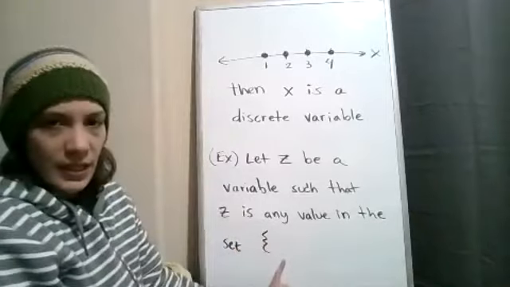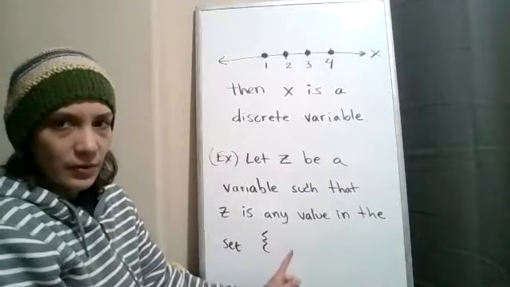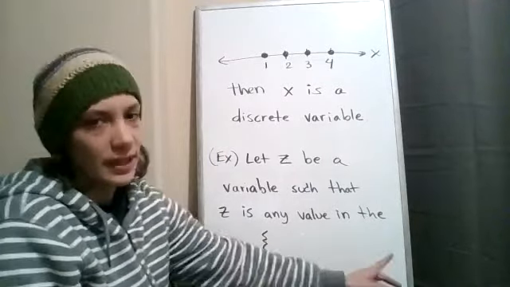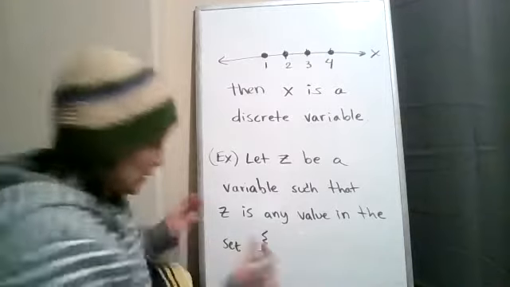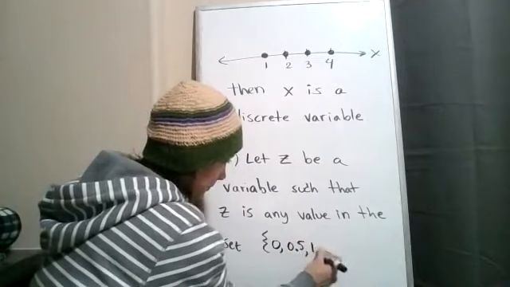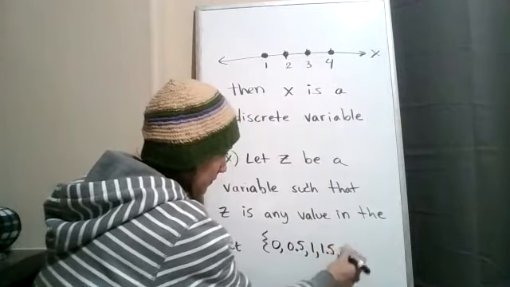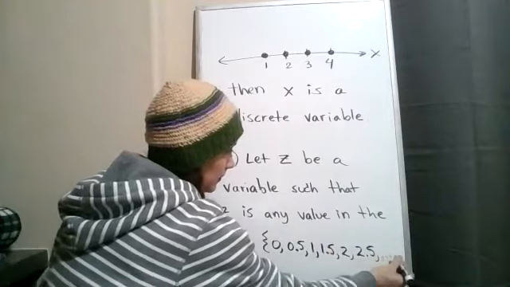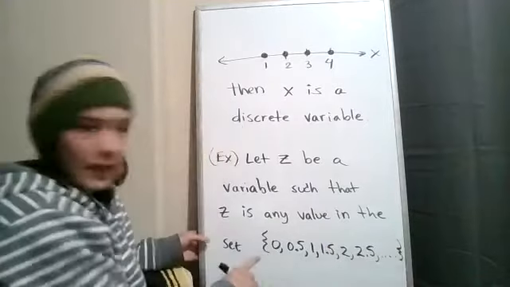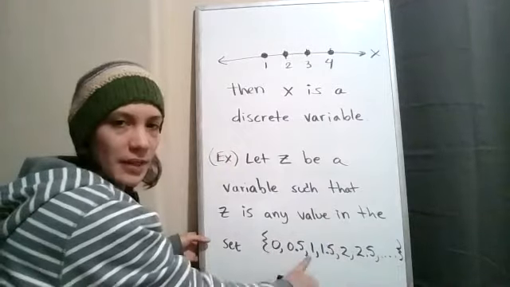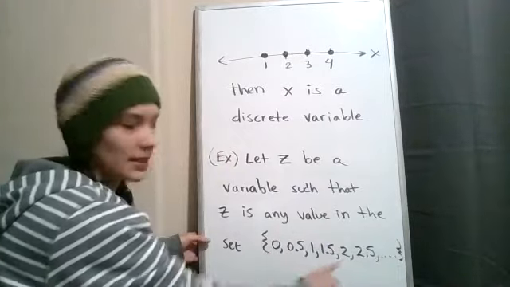We're going to start with 0 and then 0.5, 1, 1.5, 2, 2.5, and it keeps going like that. This is an infinite set, but we're only going to change by minimum increments from each value.